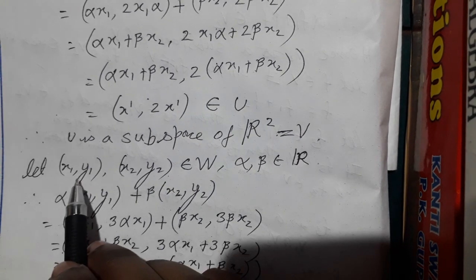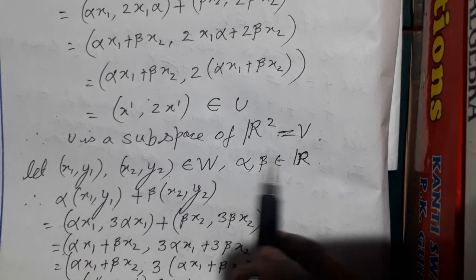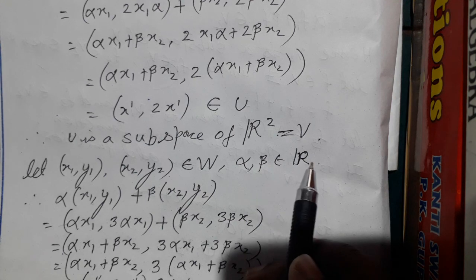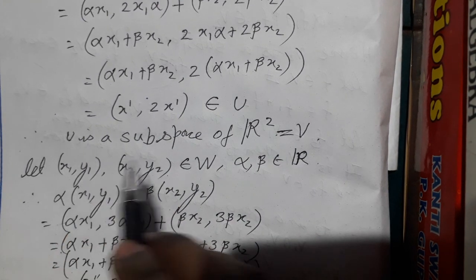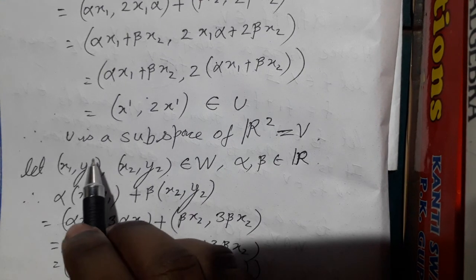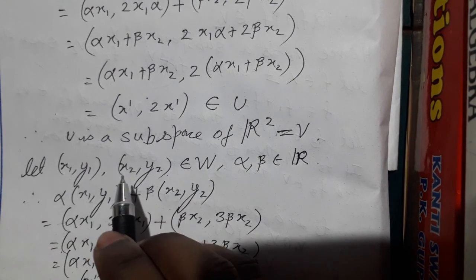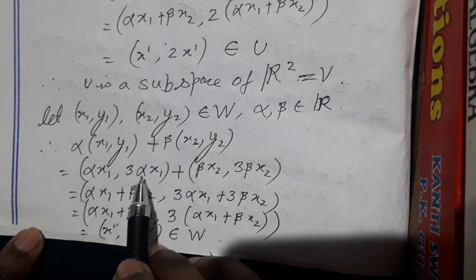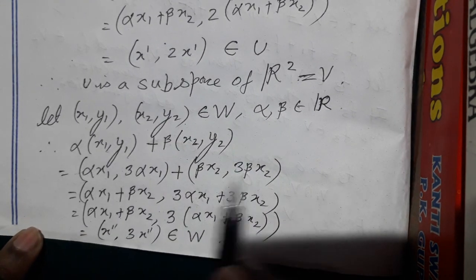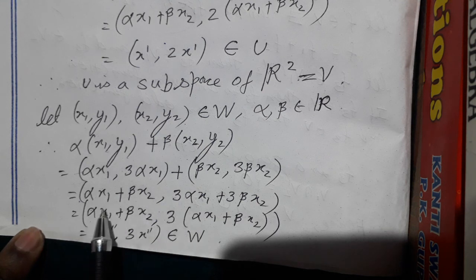In the same way, I'll take two elements in W and two scalars in the field, that is real numbers. Since (x1, y1) belongs to W, y1 will be equal to 3x1 and y2 will also be equal to 3x2. So we'll put here 3x1 and 3x2, so I get 3αx1, 3βx2. I'll add the coordinates, so I get αx1 + βx2, with 3 taken common.